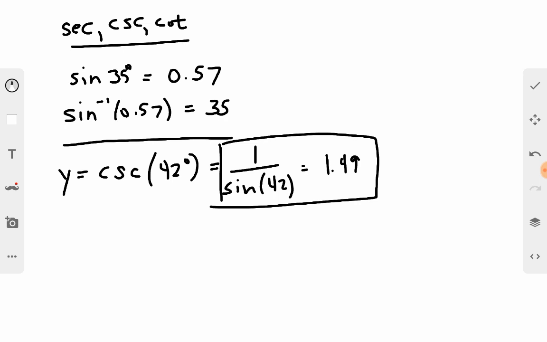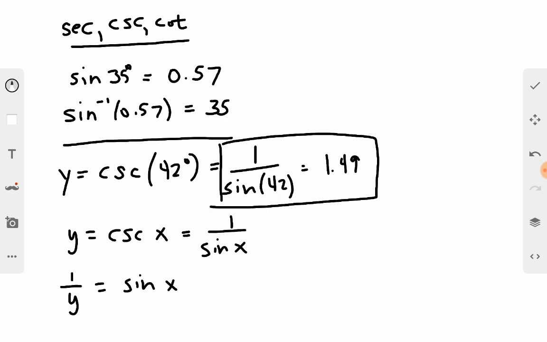All right. Now, if we wanted to find an inverse function, though, that's going to be a little bit different. So y equals cosecant of x, in general, is equal to 1 over sine x. That's what we just saw. Now if we look at this first term and last term of this equation, that also means that 1 over y is equal to sine x, if we invert both those sides or cross multiply, however you want to think of it.